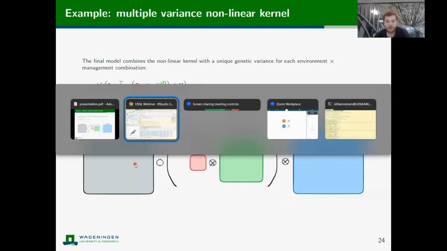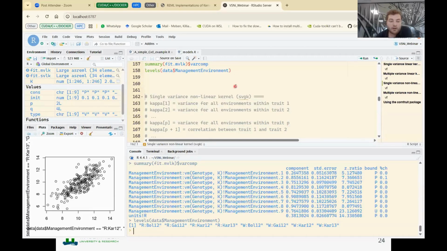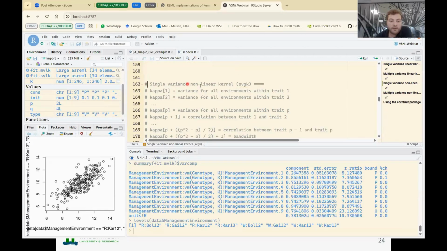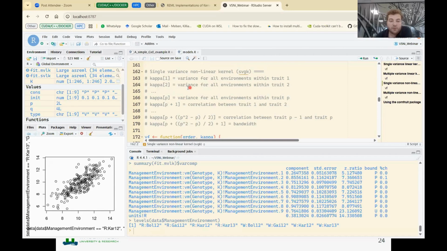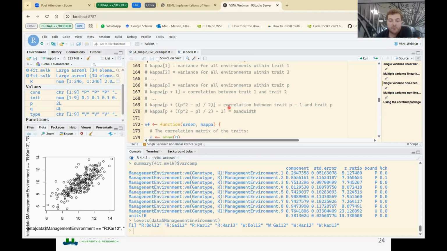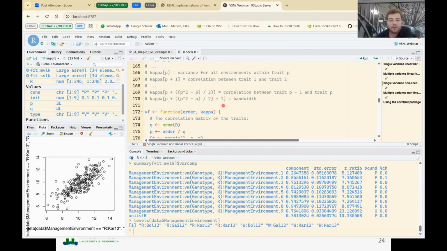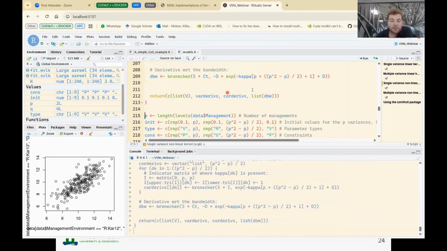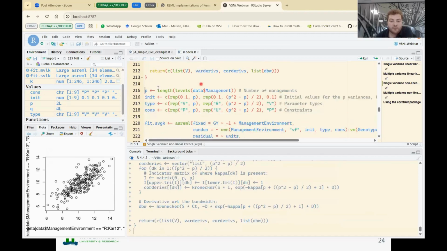So I can again show in R how we would fit that. I've chosen to get the variances first in my kappa, so to speak. Then we get the correlations, in this case only one, because we have two managements, and the final element in kappa is going to be the bandwidth. So we'll specify that function.